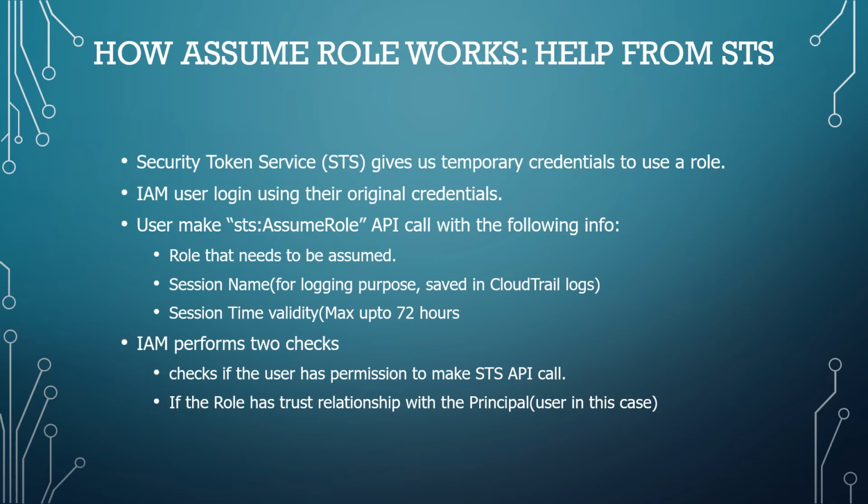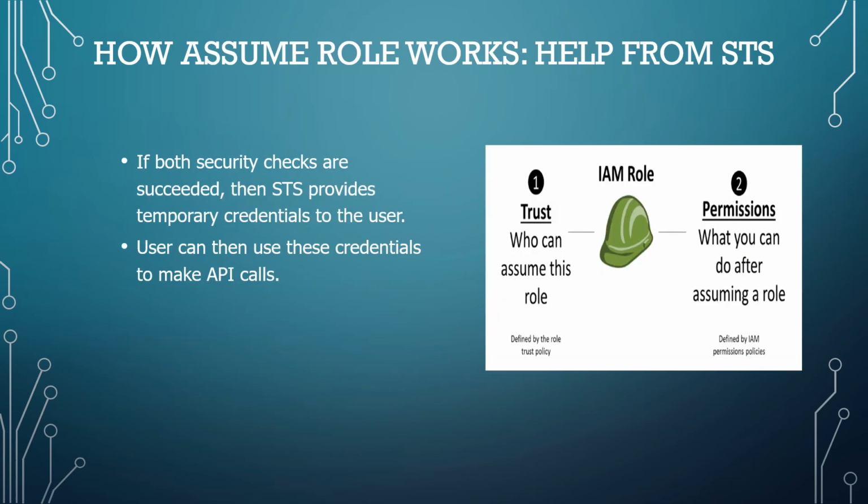Second, the role that he wants to assume should have a trust relationship with the principal, in this case the IAM user that we're talking about. These two things have to be there. If both of them are there, then things will go ahead. Otherwise, there will be an error, and the user will not be able to assume the role.